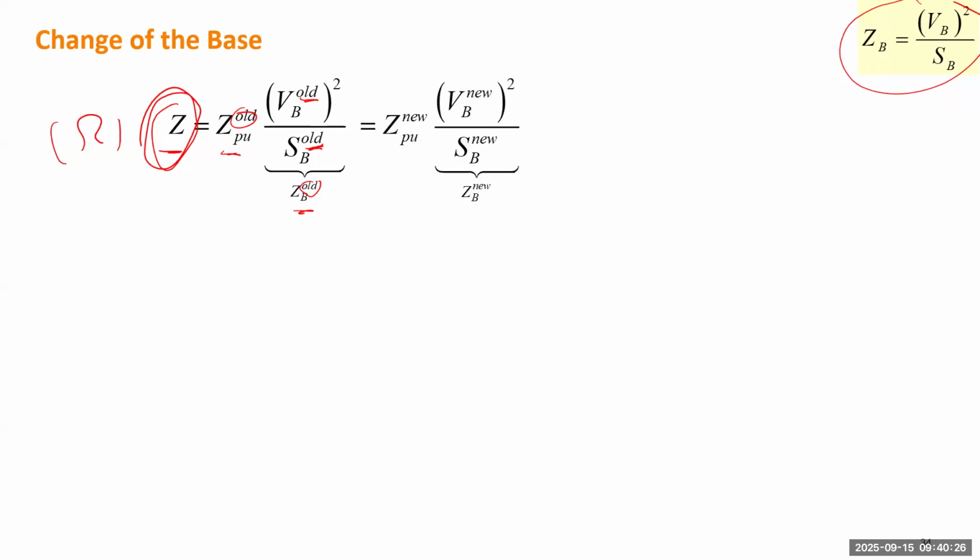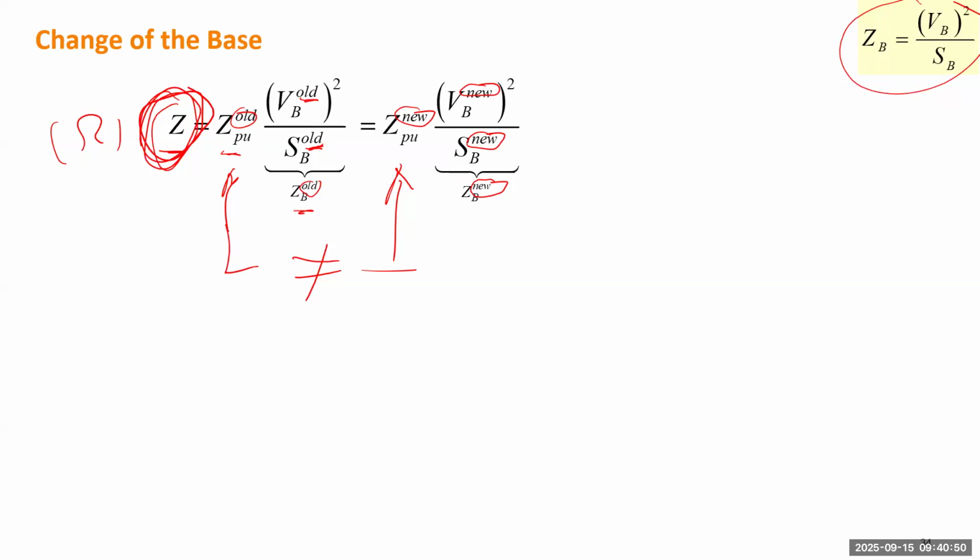You can also calculate the per unit value based on a different power base and a different voltage base. That gives you a different impedance base and a different per unit value. So those two can be different, but the actual value has to be the same. That doesn't change.